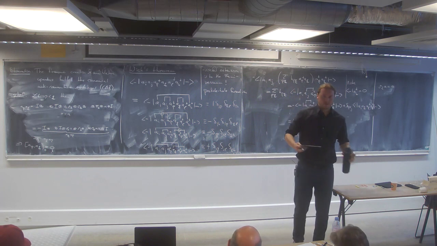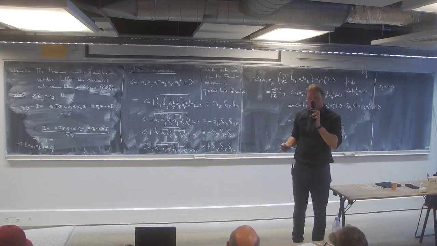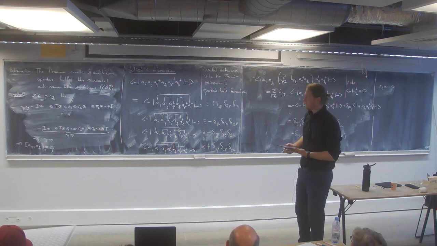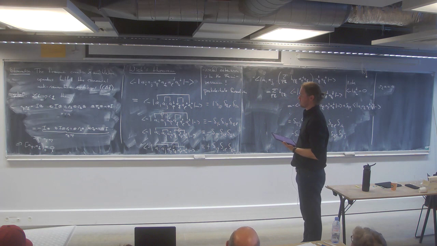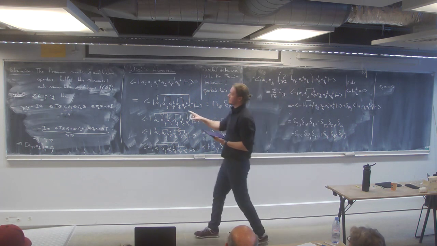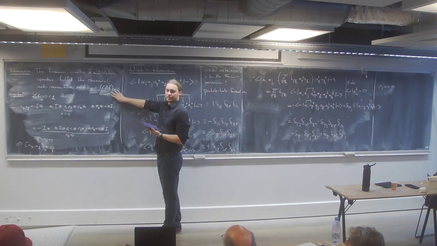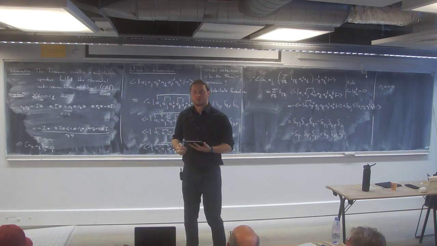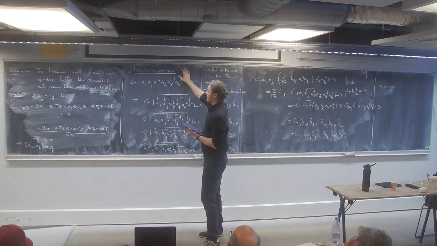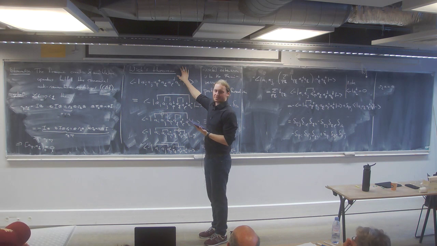Why did you introduce the matrix notation in the first place? Well, in the matrix notation, it's very easy to see that these rules are fulfilled. I mean, you want to prove this somehow, right?